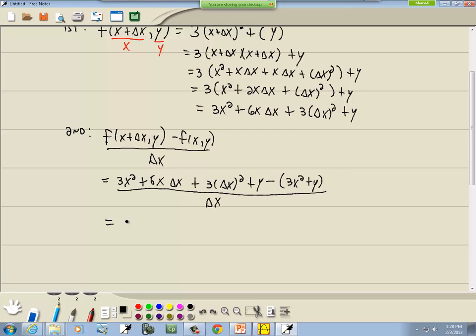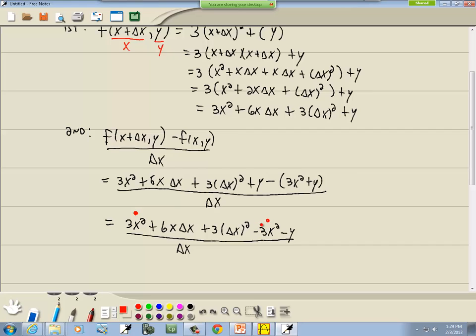Negative out in front of the parentheses flips the sign of everything inside, of course. So this becomes 3x squared plus 6x delta x plus 3 delta x squared plus y minus 3x squared minus y, all over delta x. Now we want to cancel what they have in common. Here's 3x squared minus 3x squared. Those are going to drop away.